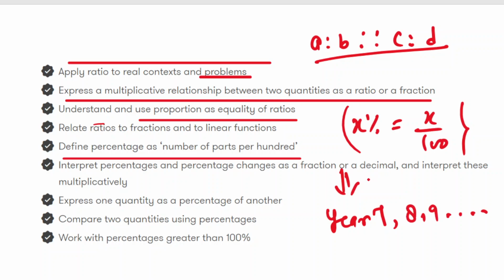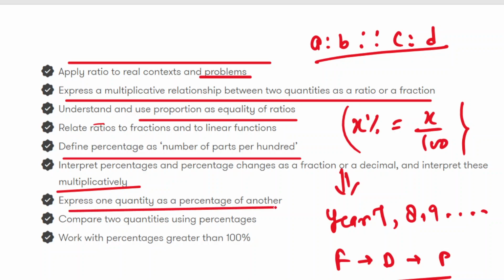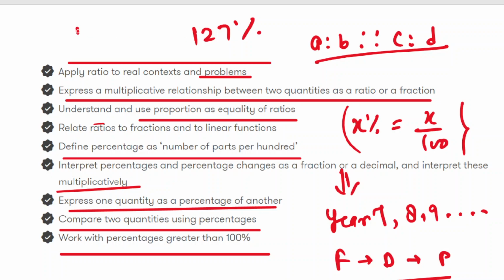That topic was fraction, decimal, percentages. And interpret these multiplicatively. Express one quantity as a percentage of another. Compare two quantities using percentages. Work with percentages greater than 100%, like 125%, like this.